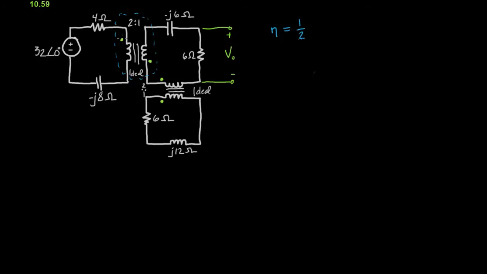Okay, and these are opposing, so we'll use the negative. So V1 equals minus V2 over N, and I1 equals minus N times I2. And then for the other one, I'll give this a red circle.